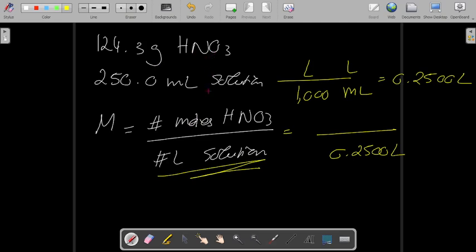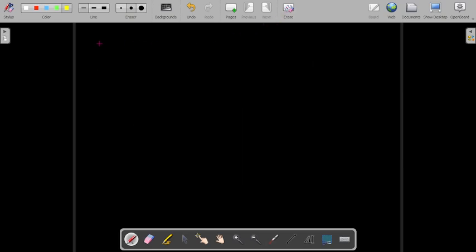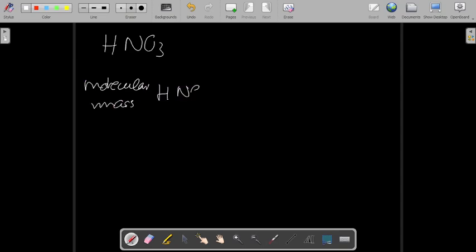I'm going to clean this up for a minute, okay? So let me get white for a minute. My molecule looks like this for nitric acid. I need to know the molecular mass of this molecule. How many AMUs is this?